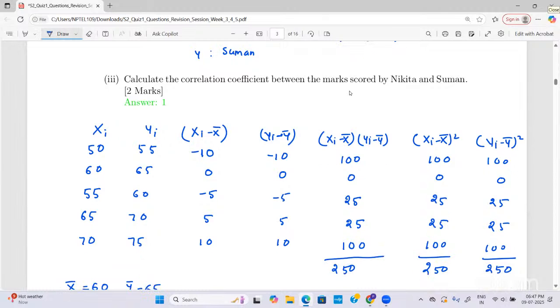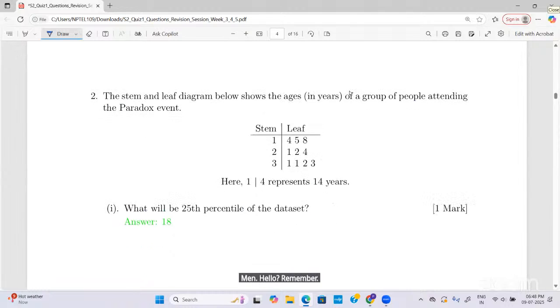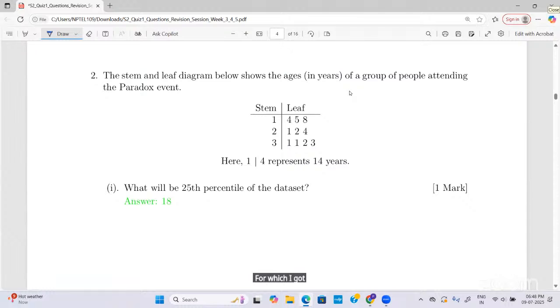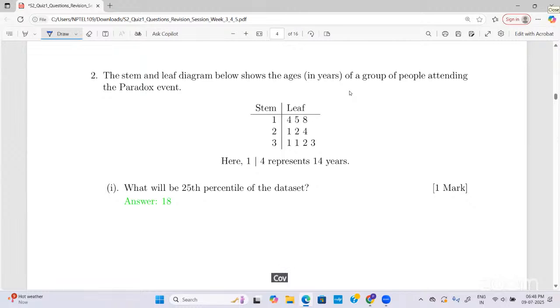Ma'am, in graded week 4, I had one question for which I got Sx as 1.38, which was in the range, and Sy as 2.80, which was also in the range. So I got it correct, and the covariance of X and Y was also in the range.